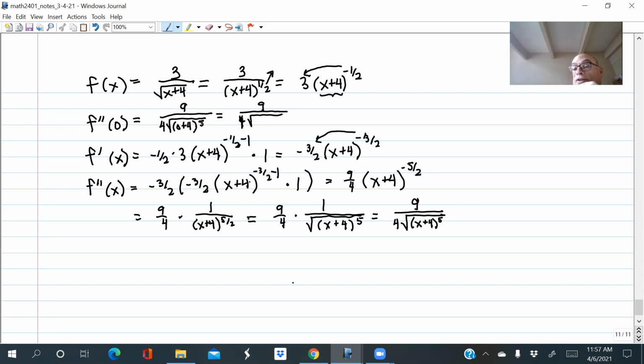You will need a calculator to help you with 4 to the 5th power. I think that is 1,024. Am I right on that? Let me see if I can find this on my calculator. That's right, 1,024. You need the square root of that, which is 32. Okay, so you have 9 over 4 times 32.